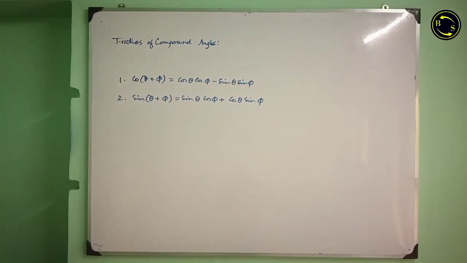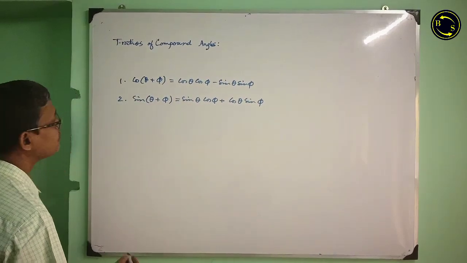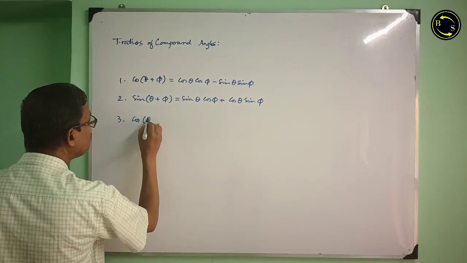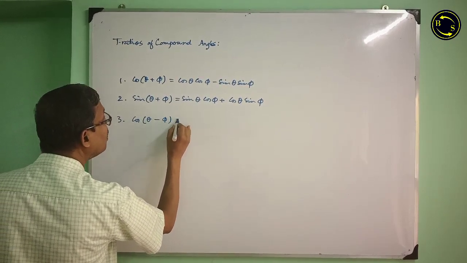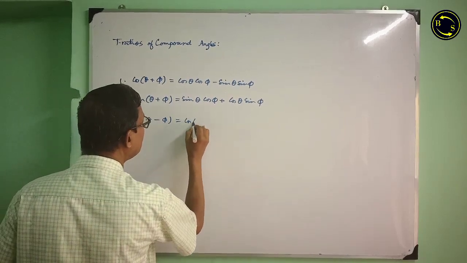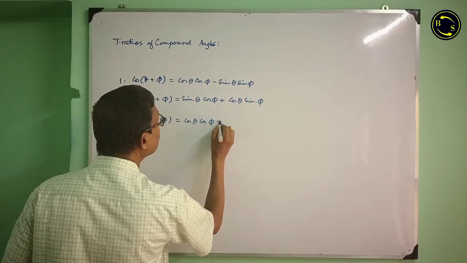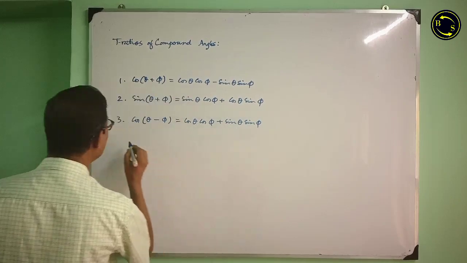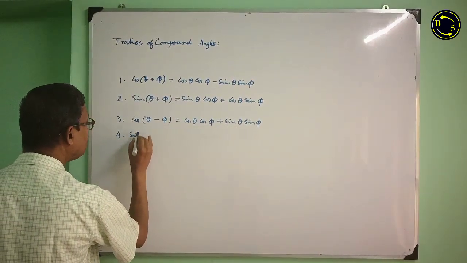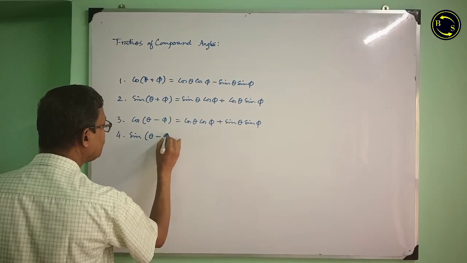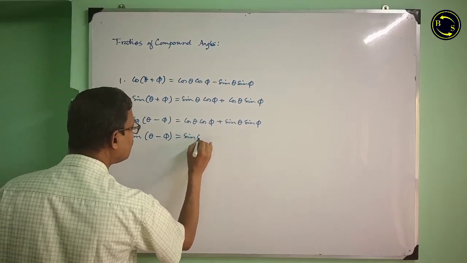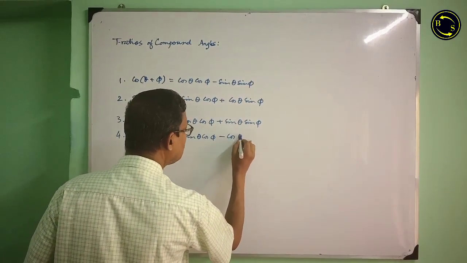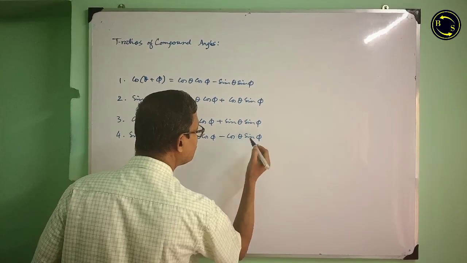As these are identities, we can replace phi by minus phi so that we will get cos of theta minus phi, that will be equal to cos theta cos phi plus sine theta sine phi. Number 4, sine of theta minus phi, sine theta cos phi minus cos theta sine phi.